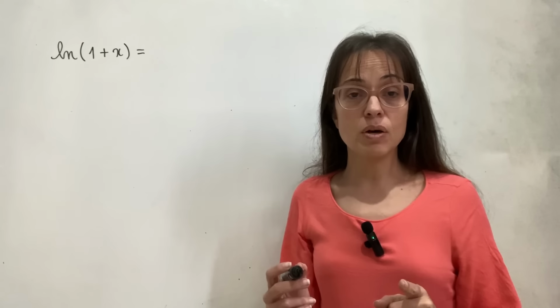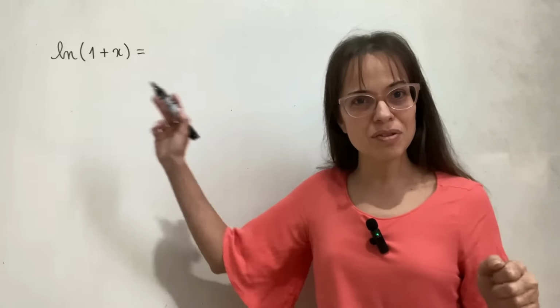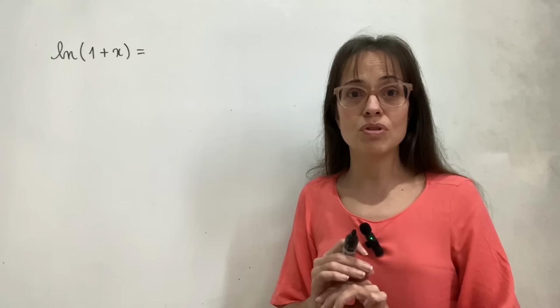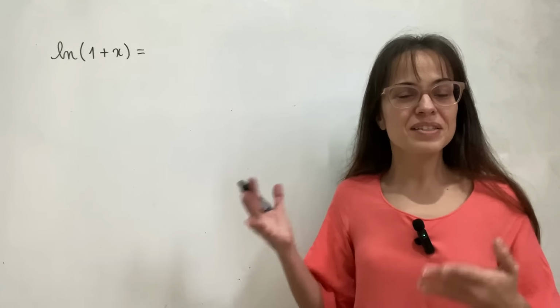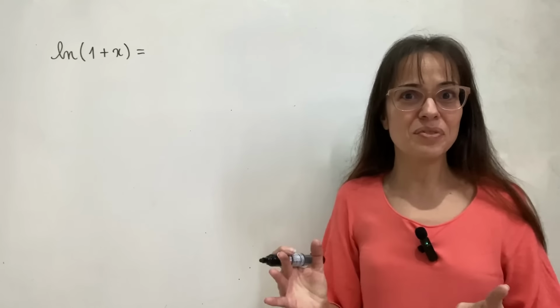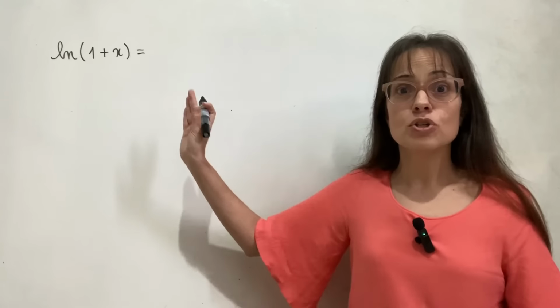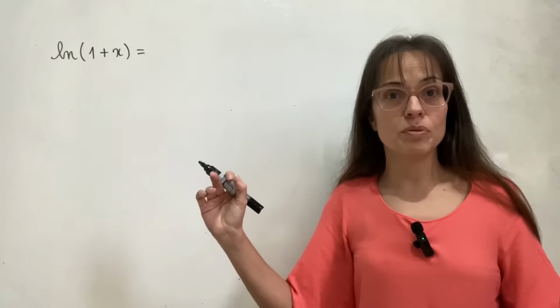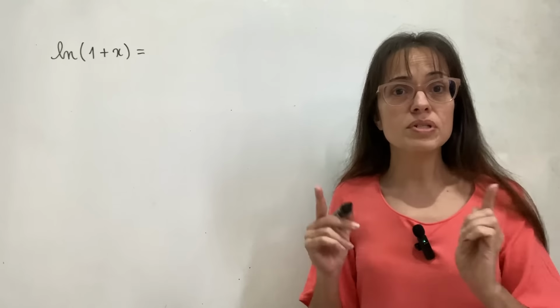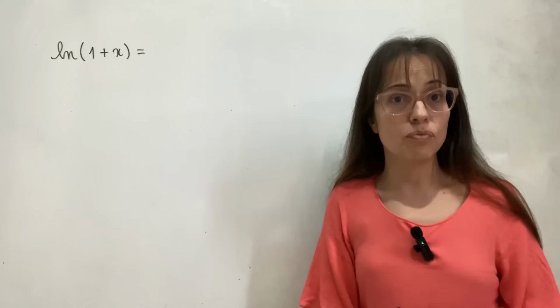But what I want to point out right now is that there is another thing in the booklet which does not fit into this framework at all because it doesn't have any exponent, natural number, rational number, none of that, but it's still a 1 plus x. So it's an ln of 1 plus x. And what is in the booklet about that is the MacLaurin series for ln of 1 plus x.